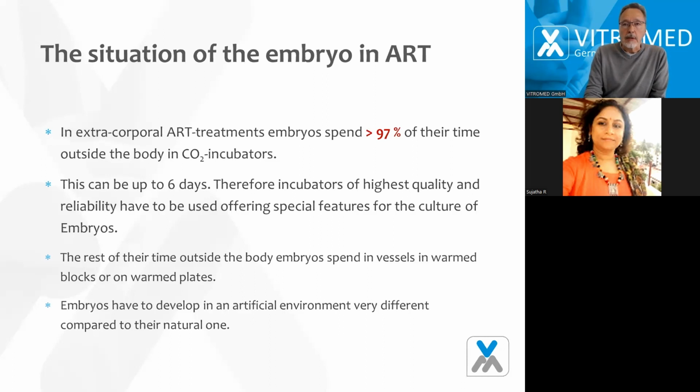The rest of their time outside the body, embryos spend in vessels in warmed blocks or warmed plates. Embryos that we use outside the body, of course, have to develop in an artificial environment, very different compared to the natural one. This you should always keep in mind.